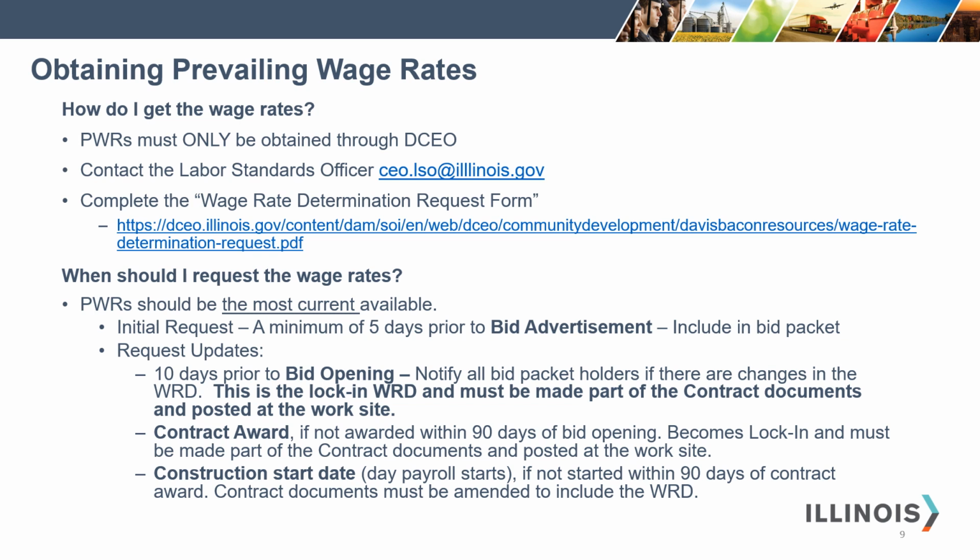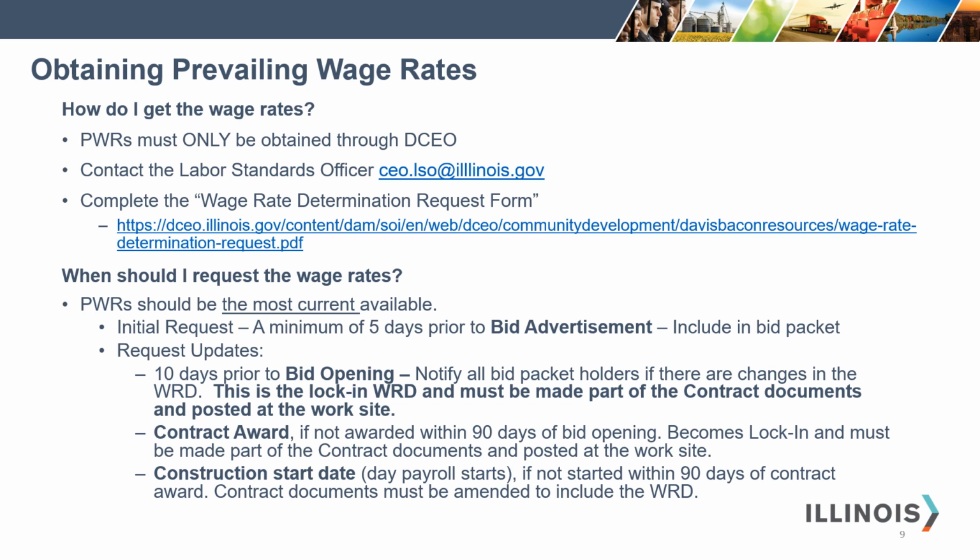This wage rate determination must be included in the bid packet. Updates can be requested 10 days prior to bid opening. You must notify all bid packet holders if there are changes in the wage rate determination. This is the lock-in wage rate determination and must be made part of the contract documents and posted at the worksite.